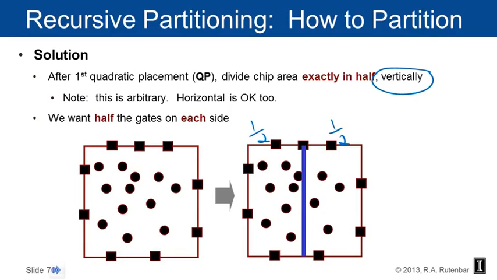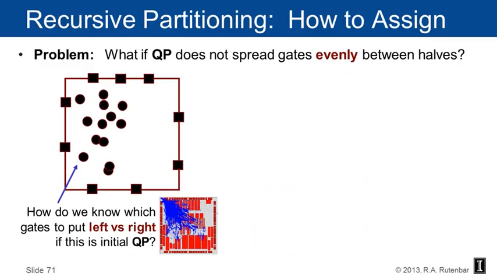And why that could be a challenge is, and I'm showing you a little tiny picture of the IBM ASIC again, what if the quadratic placement does not spread the gates evenly between the halves? And so I'm showing you my little cartoon of a chip that's a square with some pads around the edges, and there's about a dozen gates here, and they're all kind of smeared in a blob on the left.